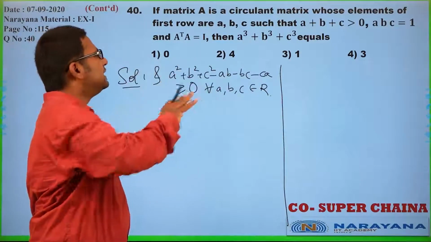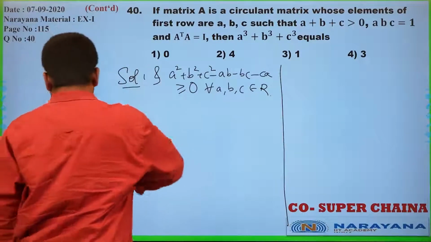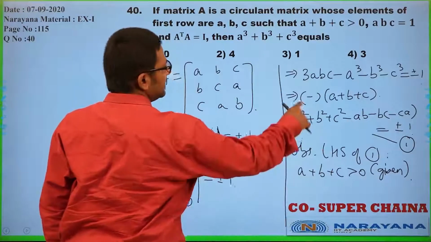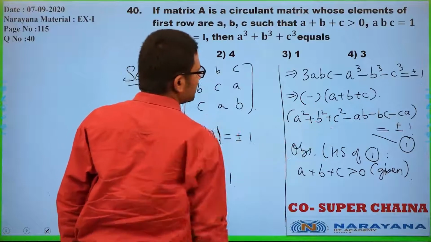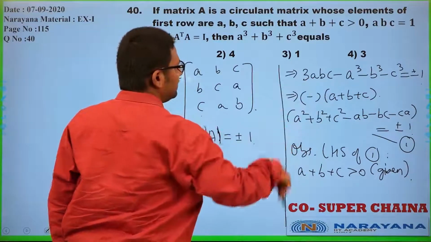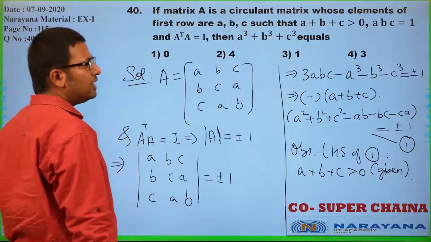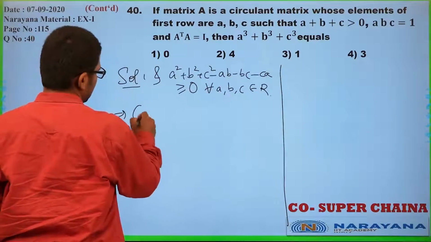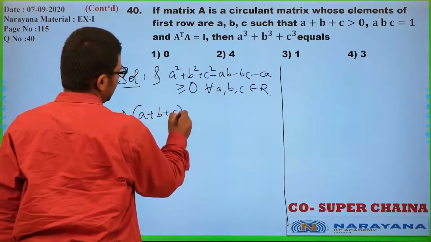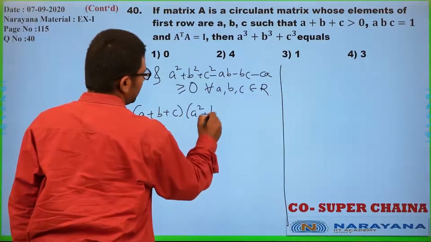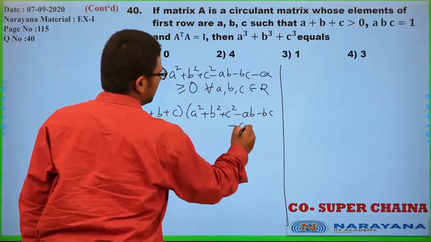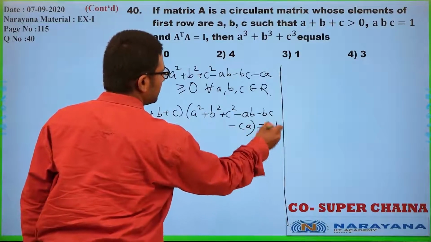Essentially, in equation 1, there is a minus of these two terms where both the terms are non-negative, which means a plus b plus c into a square plus b square plus c square minus ab minus bc minus ca must be equal to plus 1.